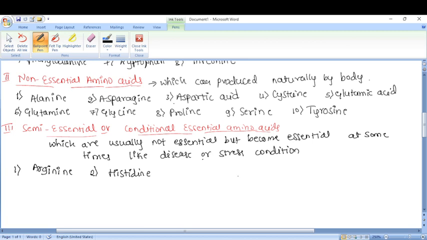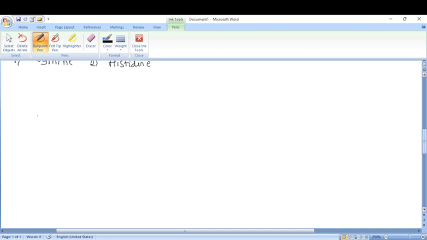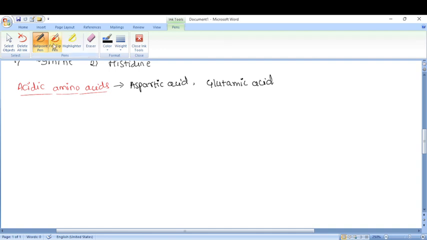Next one, they may ask the question, what are the acidic amino acids? We'll see the list of acidic amino acids. Acidic amino acids are aspartic acid and glutamic acid. Next one, basic amino acids.